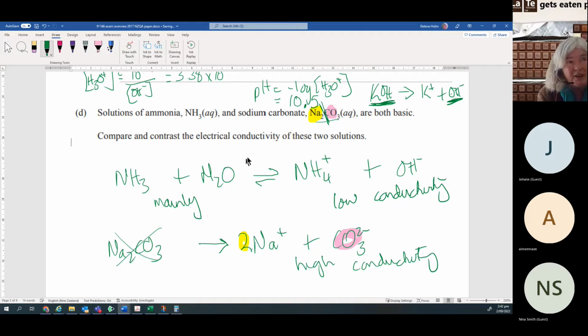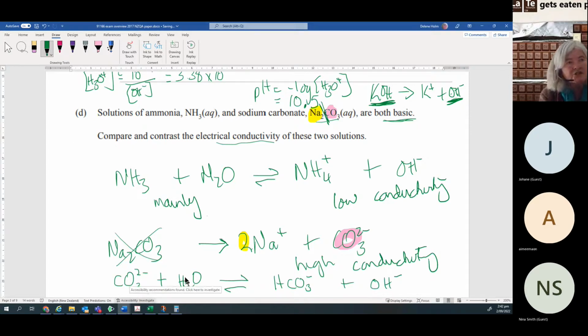Now that's really all they asked for. They just asked for the electrical conductivity. They did mention that this was basic, so you might go, why is this basic? You could, if you wanted to, write a hydrolysis equation. A tiny bit of this is going to react with water, just like ammonia. So use your equilibrium arrow, and that is going to then form the hydrogen carbonate, plus OH minus.